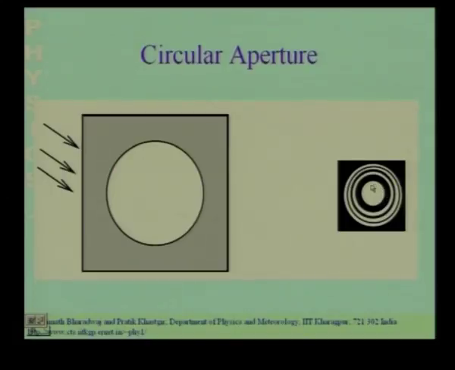You are going to have a central bright spot and then bright rings around it. So when you observe any star through a telescope, the image is not the spot you expect from geometrical optics; it is the diffraction pattern of the circular aperture.